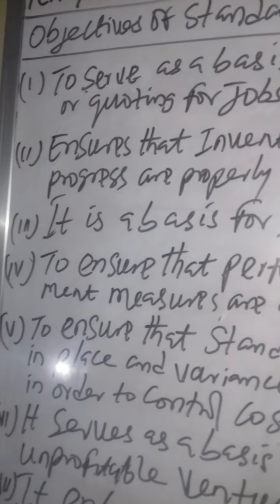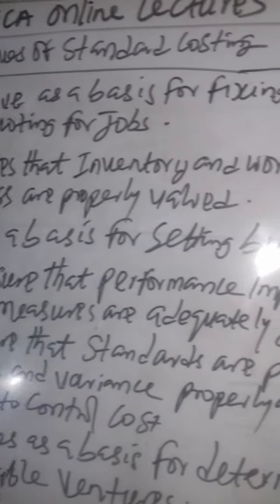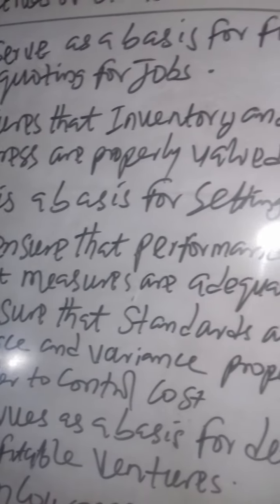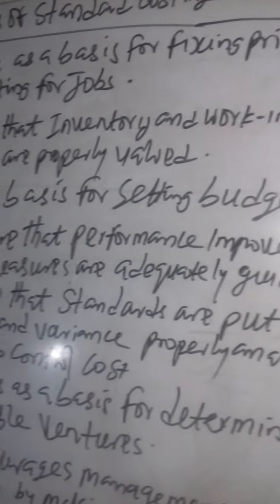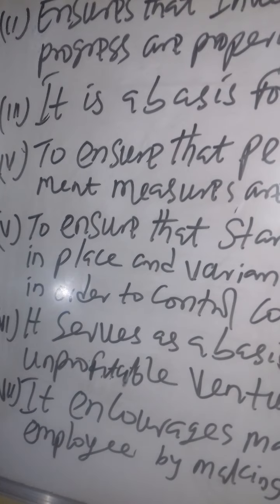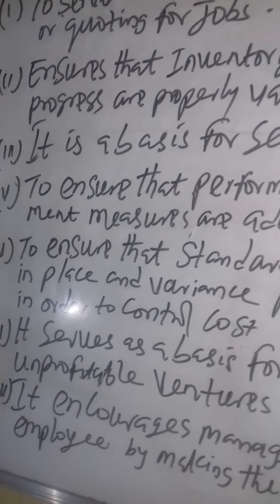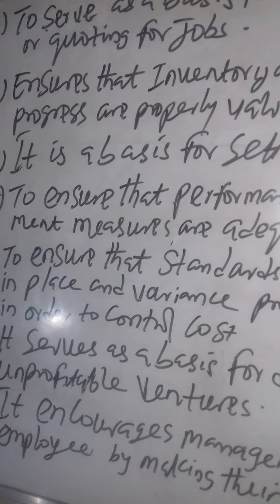Number two, the standard costing model ensures that inventories and work in progress are properly valued. There is no overvaluation. Why? There is a cost that is very consistent with the business, and that cost is used in determining the current value of the product.